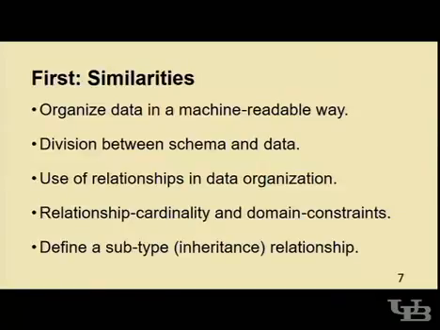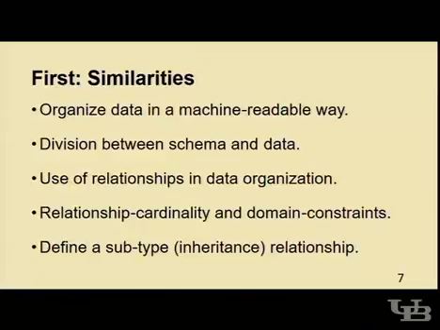The way the data is organized is also similar. You can represent the way the data is organized using certain nodes and certain relationships. In the case of databases, those will be the tables. Of course, in the case of ontologies, it would be universals.